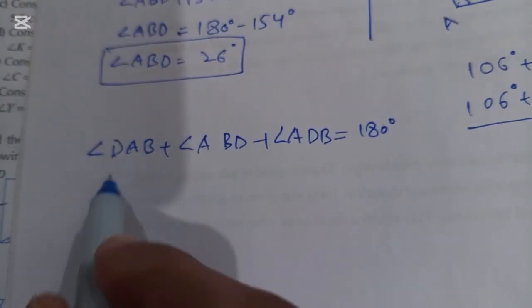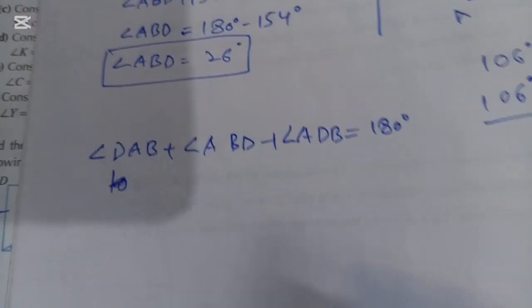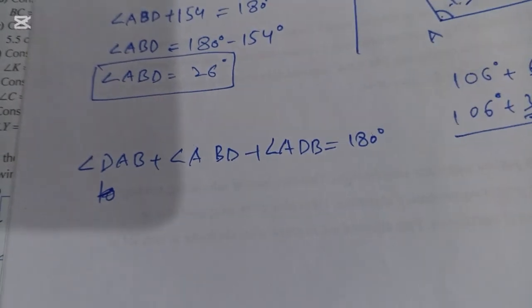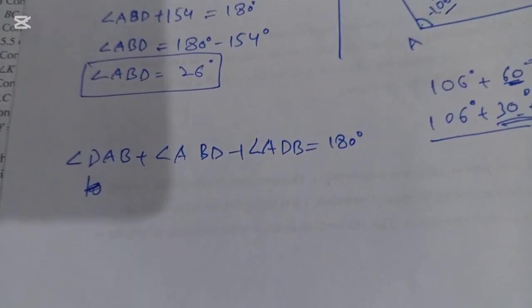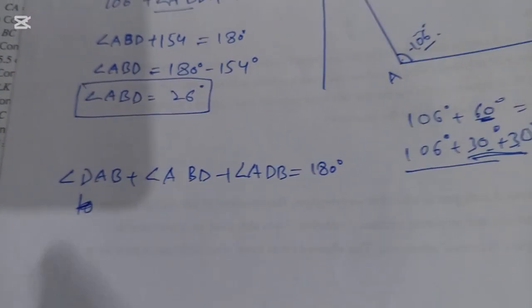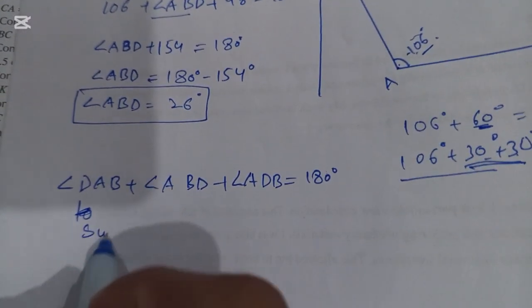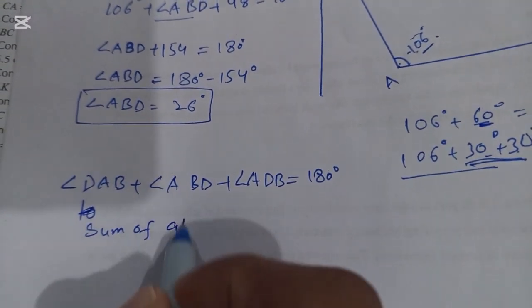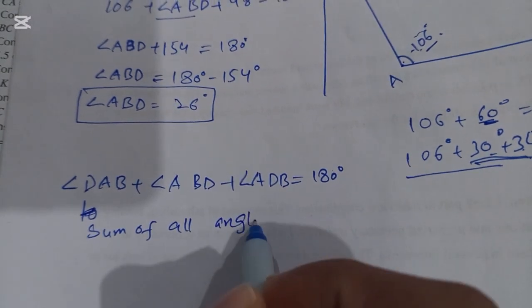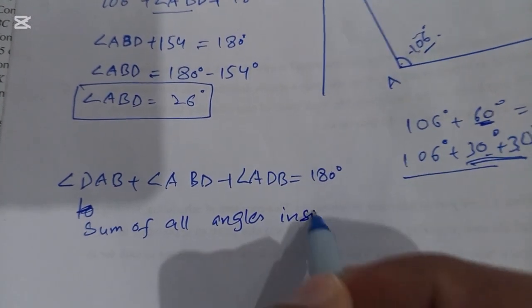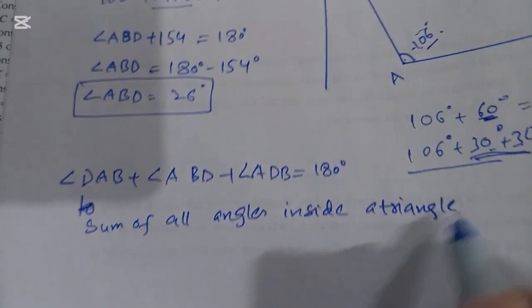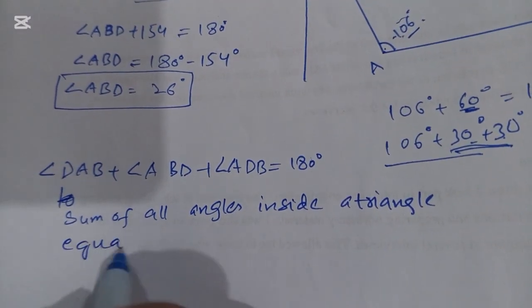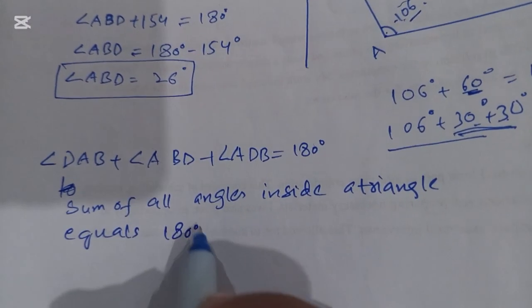So we'll write, instead of writing DAB, no, first, I'm making a mistake. I didn't mention the reason why it equals 180 degrees. So you don't have to make this mistake. Mention the reason. The reason is the sum of all angles inside a triangle equals 180 degrees, right?